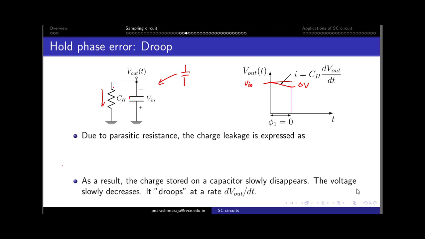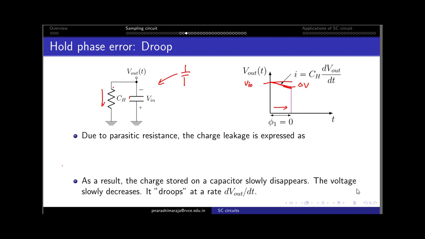Now, most of the time the design has to have some specific tolerance on this degradation of the value. We know that the output gets degraded from the initial value as time progresses.